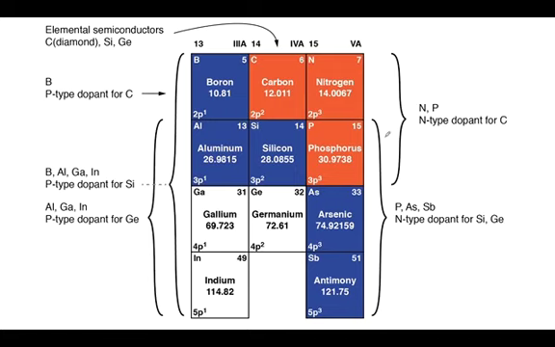Nitrogen and phosphorus are also used as n-type dopants for carbon. Boron, aluminum, gallium, and indium are p-type dopants for silicon. Aluminum, gallium, and indium are normally used as p-type dopants for germanium. So this tells you which elements you need to get a specific type of semiconductor, either p-type or n-type, and for which material.